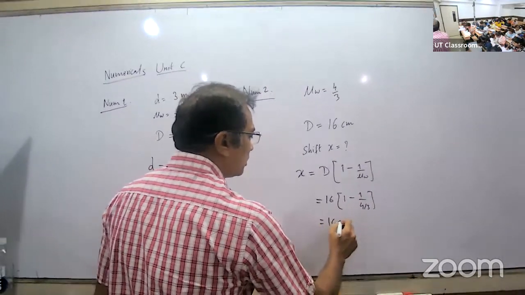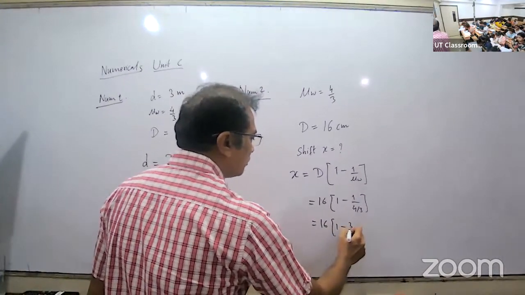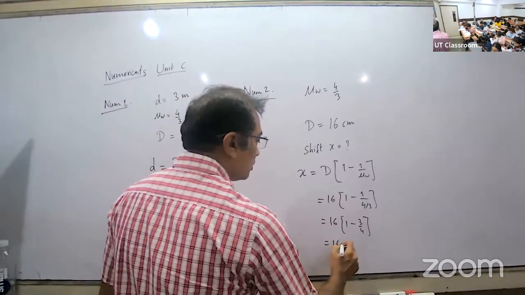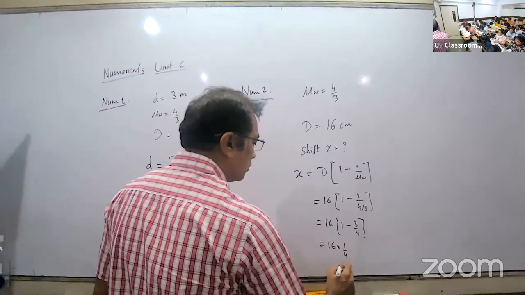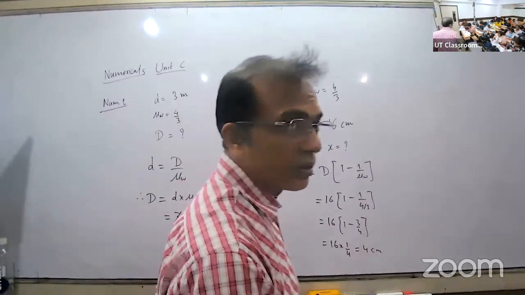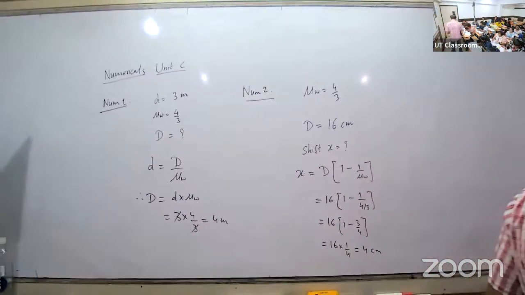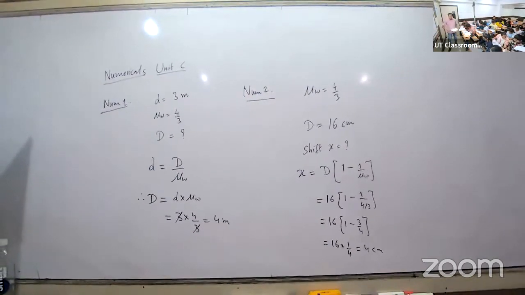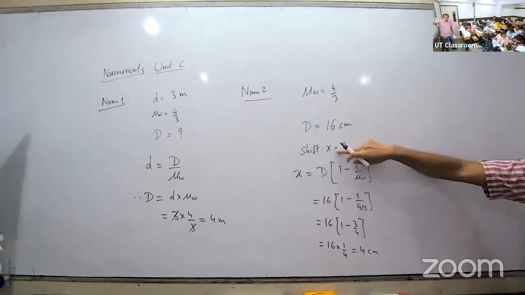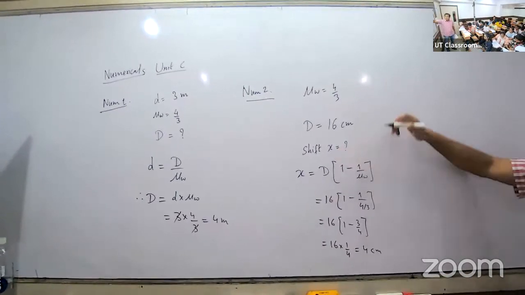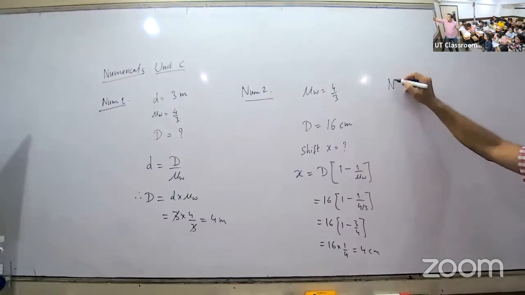This is 16 into 1 minus 3 by 4, which is 16 into 1 by 4. This is 4. Okay, shift is 4 centimeters. So you have to be careful. Sometimes shift is asked, sometimes apparent depth is asked. Okay, so the answer will be different.